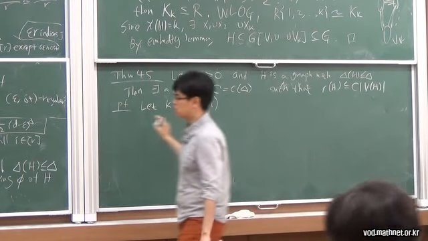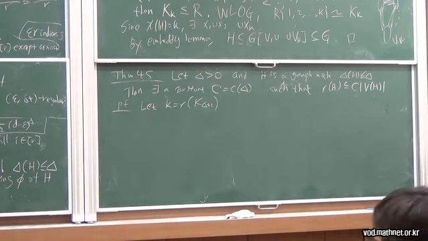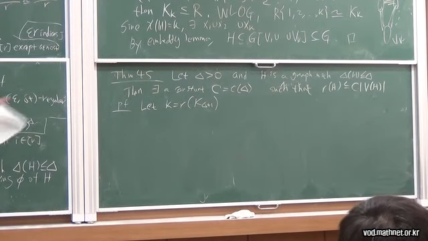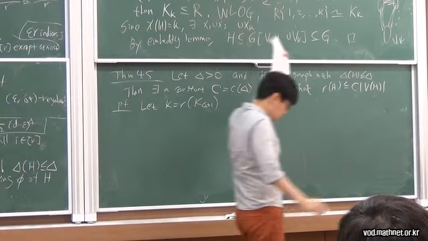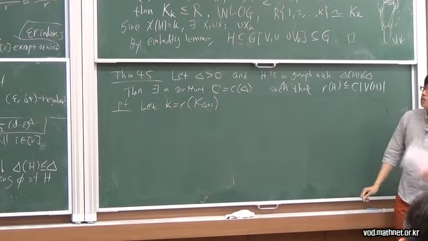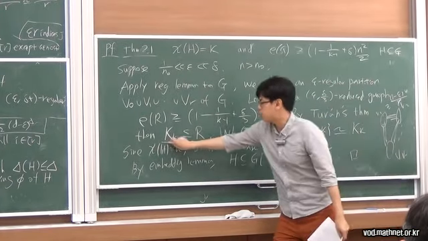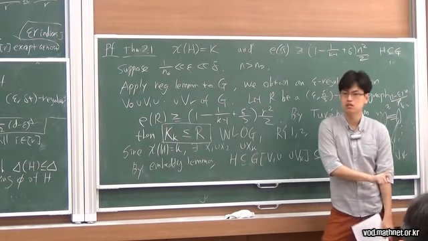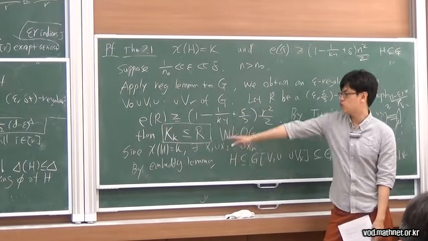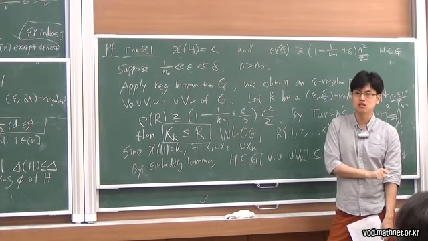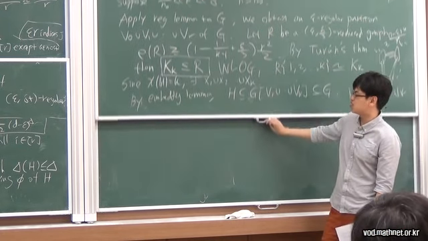So our strategy is as before. Here, how did we do? We take the regularity lemma, and then we use Turan's theorem to find this copy in R. And then we apply the embedding lemma. So here, what do we have to find?